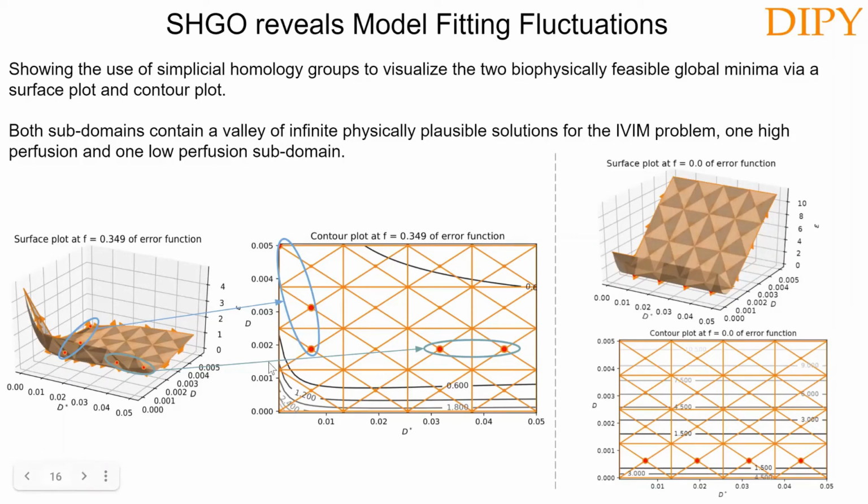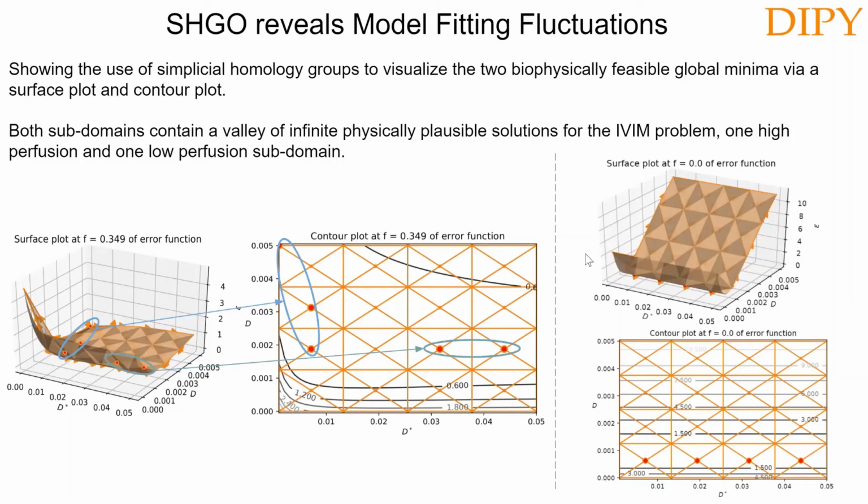This is one case where there are two plausible solutions and the model doesn't know which one to pick, right? At D star 0.35 and D 0.3, the model more or less cannot distinguish between D star and D. And the same goes over here, when D is 0.002 and D star is set to 0, then your model has an infinite number of solutions.